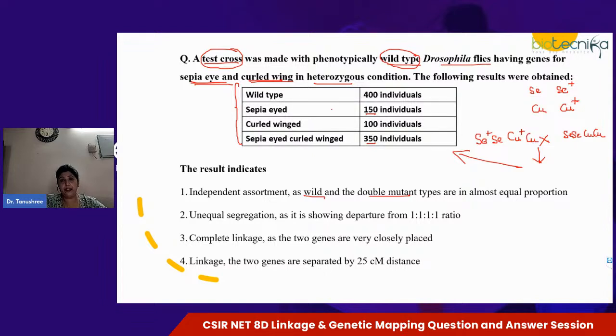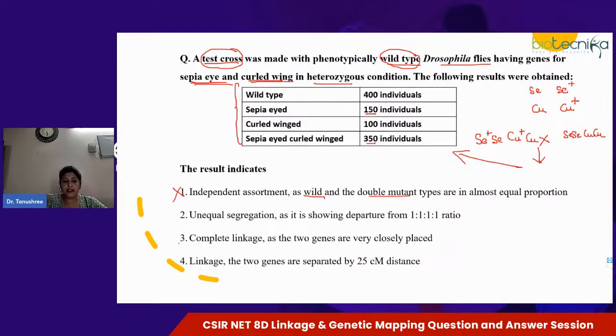If it would have been in equal proportion, then it would have been independent assortment. In independent assortment, it's a kind of dihybrid test cross we are performing, so we should get a 1:1:1:1 ratio. But are we getting 1:1:1:1? No, we are not getting that. So option 1 cannot be the answer.